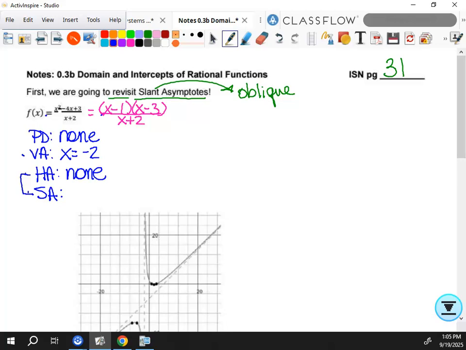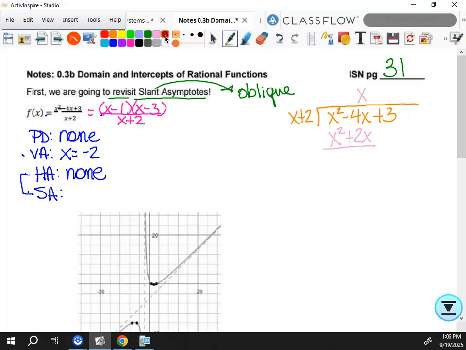So then what do we do to actually find this slant asymptote? Long division. So we're going to divide. Let's come over here and we're going to take x plus 2 and divide it into x squared minus 4x plus 3. All right. So x squared divided by x is x. Multiply that back. Then what do I do next?